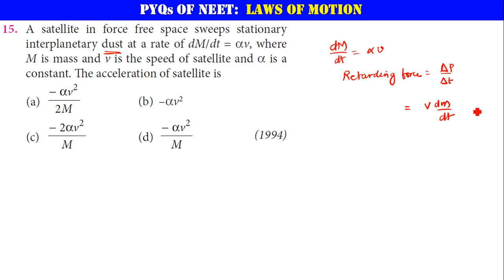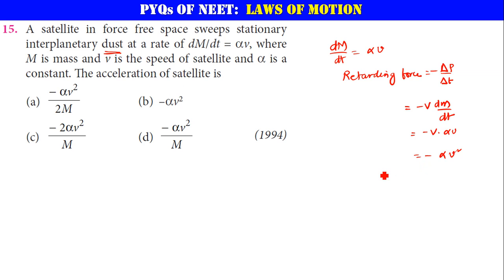The velocity has to be constant, the speed is constant, so that's why the other term will be 0. Since it is a retarding force, you get a minus here: minus v dm by dt, and dm by dt is alpha v, so minus alpha into v square is the retarding force on the satellite.